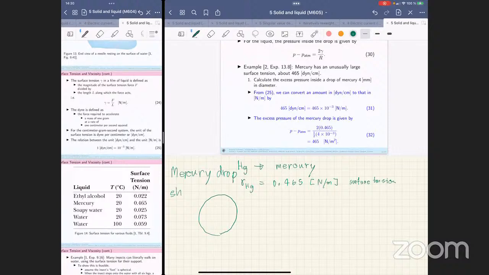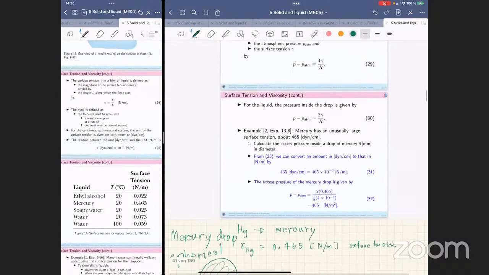It's spherical, that's the ideal case. And it's a fluid drop, so there is no air at all. It's filled with mercury inside. It's not air.